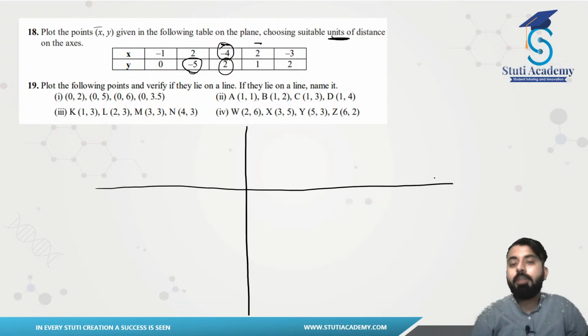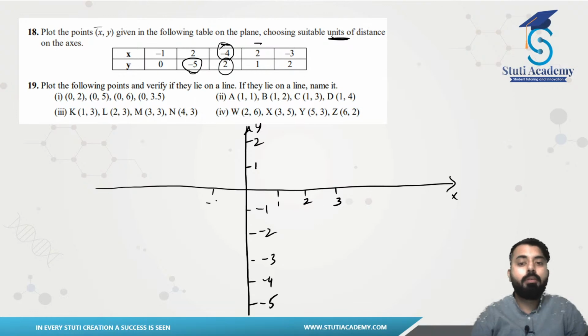Since we are going deep into the y-axis downwards, it will be negative 1, negative 2, negative 3, negative 4, and finally negative 5. Then this is 1, that is 2. This is y-axis here and that is x-axis here. So 1, 2, 3, minus 1, minus 2, minus 3 and minus 4. So my first coordinate is minus 1 comma 0.